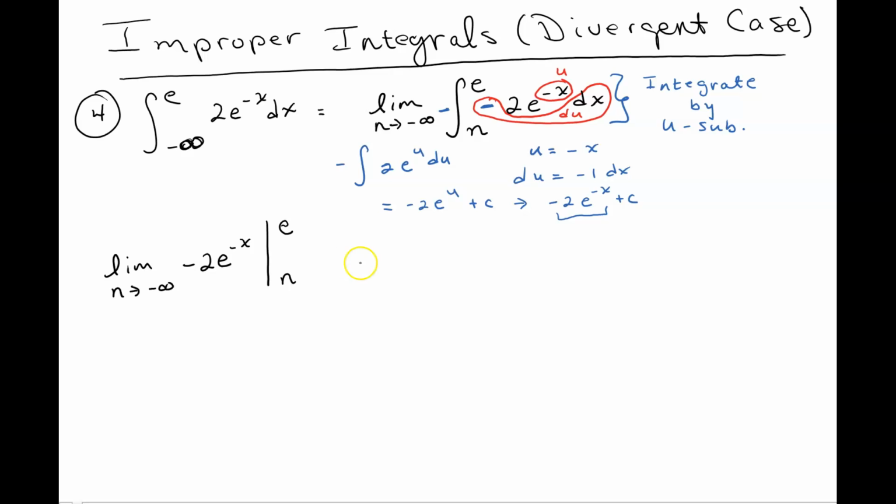Now we simply have to plug in: negative 2e to the minus e, minus a negative 2e to the negative n. Really there's nothing to it. This becomes a plus. This right here is some constant number, e to the power negative e, that's okay.